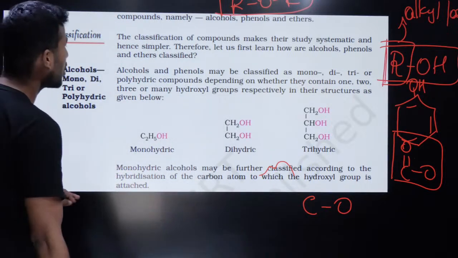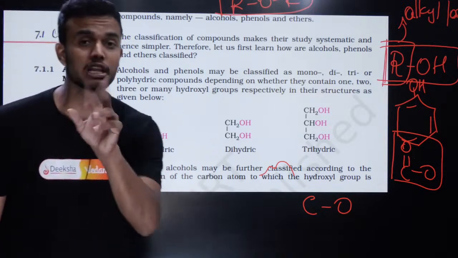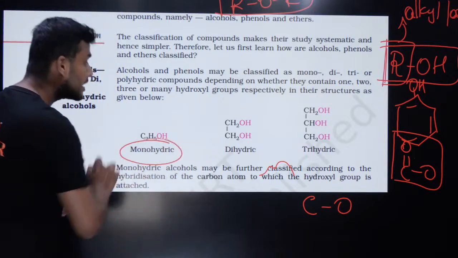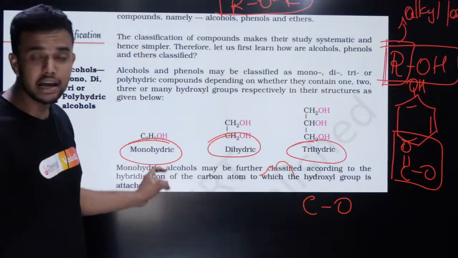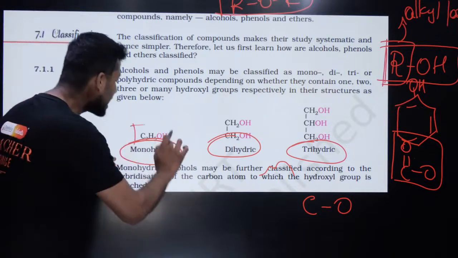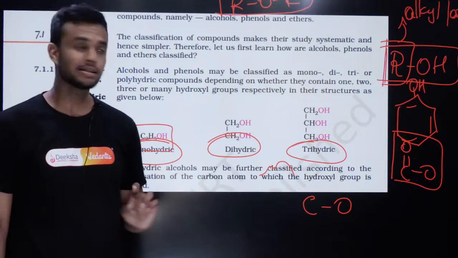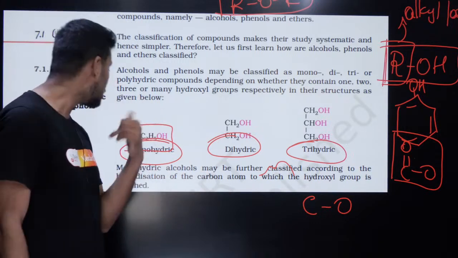Which one is the first subtopic? Types of alcohols. Alcohols are classified into three types. The first one is monohydric, dihydric, trihydric. Very simple, students. If a compound has one OH group, that alcohol is called a monohydric alcohol.